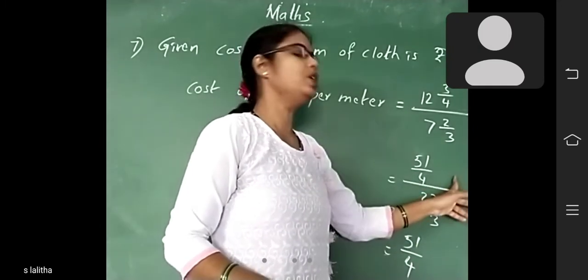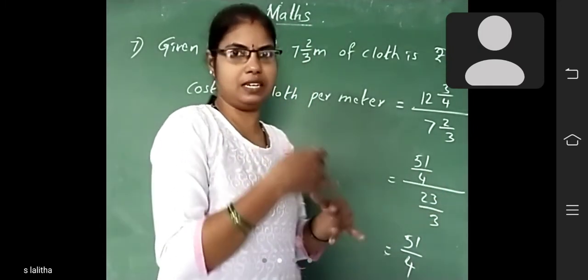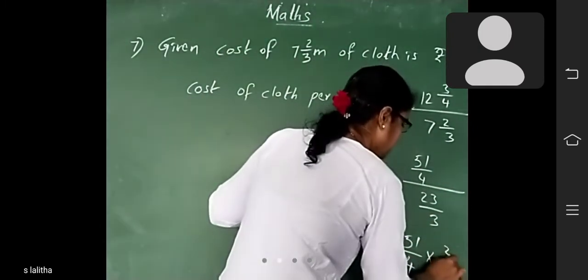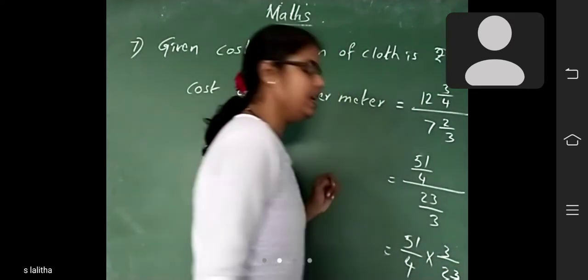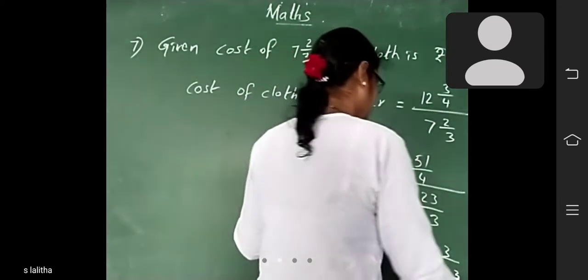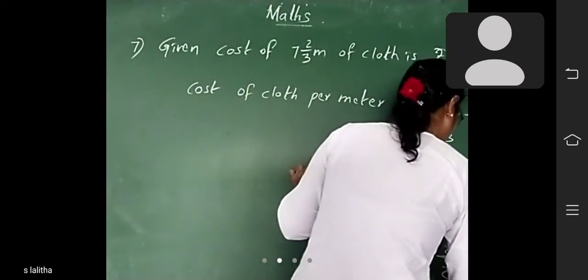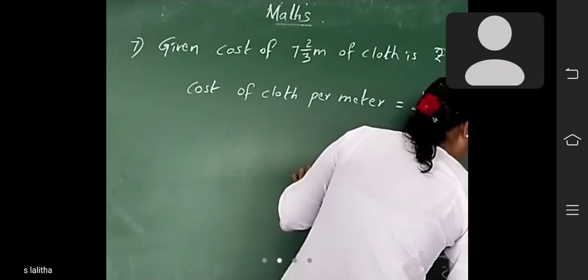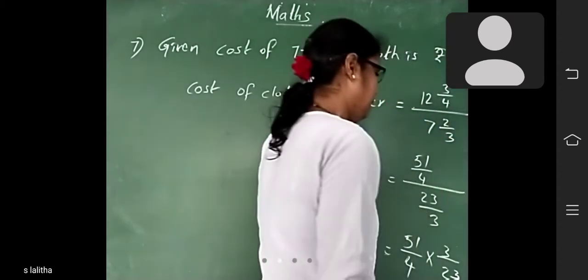So 51/4 divided by 23/3. If you transpose to here, what will it become? It will be reversed, that means reciprocal, 3/23. Any cancellation, children? Not there. So 51 into 3 over 4 into 23.